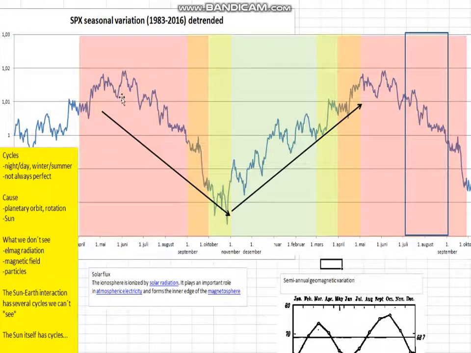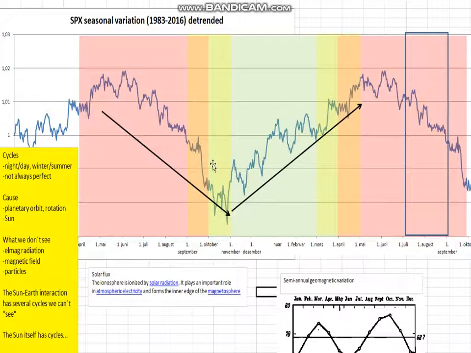And the other way, we have a bearish tendency, and then it starts to flatten, but then we have the irrational period where we capitulate down. I don't call this a cycle, this is a seasonal variation, but the sun itself has cycles.